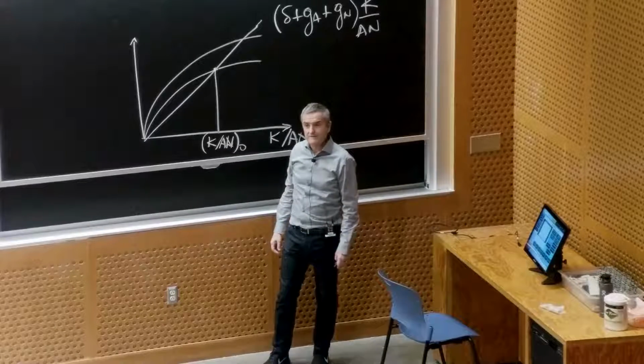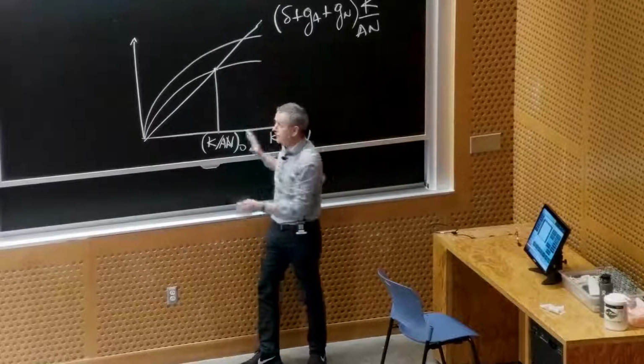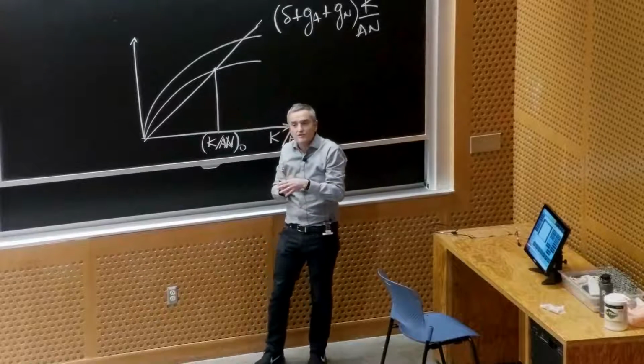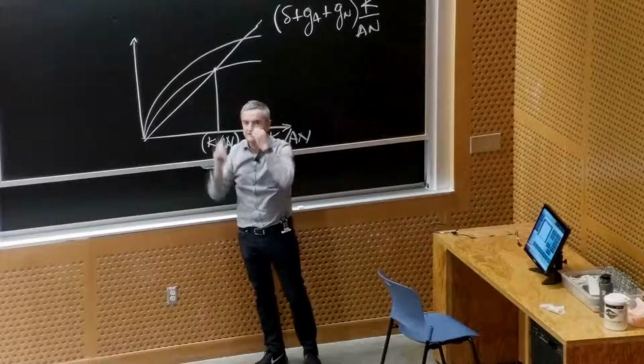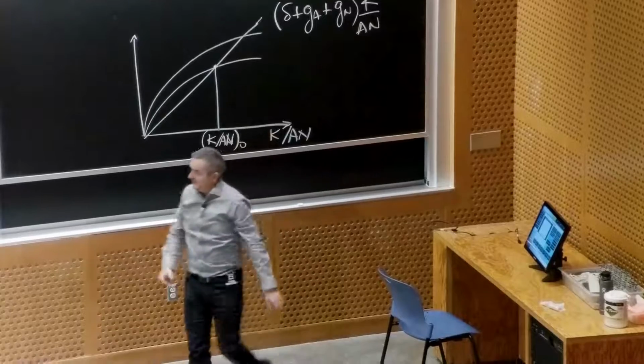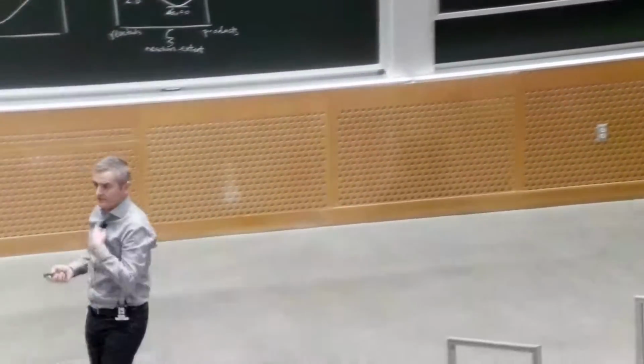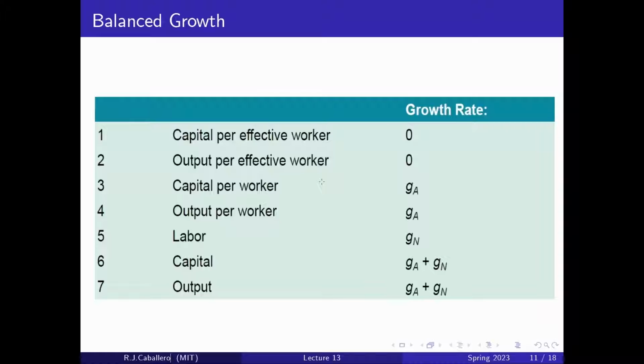Okay? That's the reason. Remember, the whole trick, so the curves would not be moving around, is I find the right normalization, so everything is growing at the same rate in that steady state. So let me actually show you that, and then I'm going to go over the experiment I want to have. This is what is happening in that steady state.